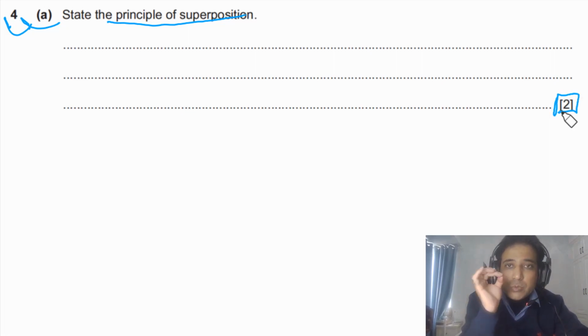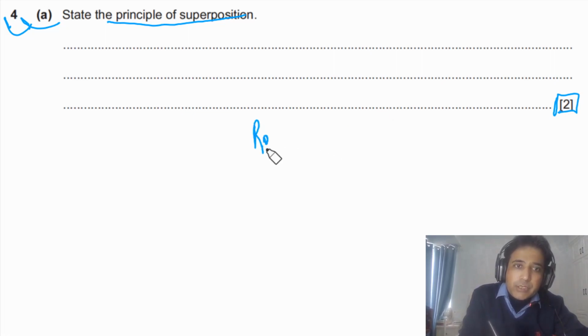In order to define the principle of superposition, you can say when two waves meet at a point, the resultant displacement of the resultant wave is the vector sum of individual displacements of the individual waves at that point. Now let me write this down for you.